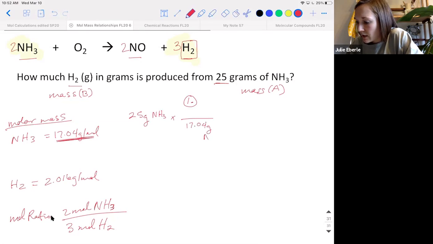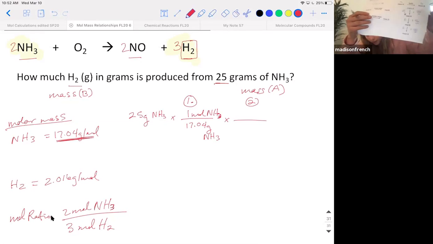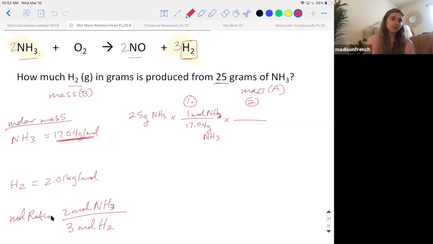And this is grams of NH3 for every 1 mole of NH3, times, now step number 2 is always the mole to mole ratio. Are you saying like this little chart? Yes. That's what you're doing for this problem? Yep.